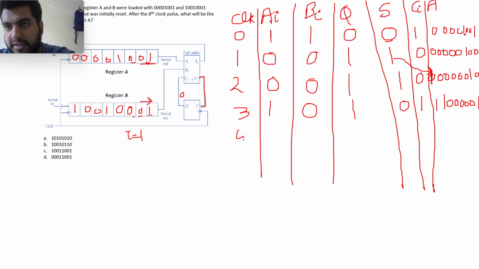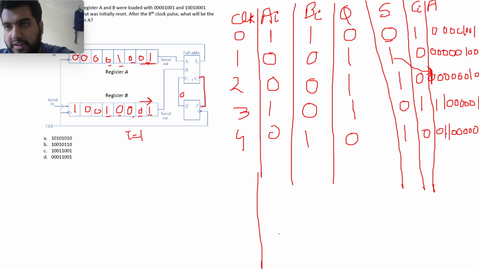Now fourth clock cycle, my AI will be 0 and my BI will be 1 0 1. Q, since Ci is equal to 1, toggling will happen, so this will become 0, and my sum will be equal to 0 plus 1 plus 1, so that is 1 0, so 1 and 0, so it will be 0 1 1 0 0 0 0 0.